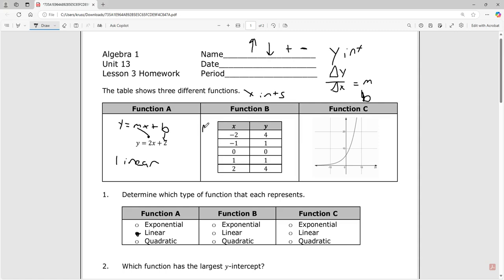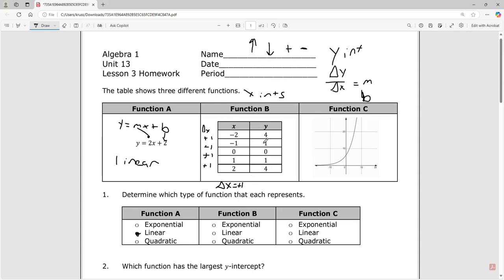Our changes in x for each one of these is plus 1, plus 1, plus 1, plus 1. So to go from here to here, we added 1, and from here to here, we added 1, and here to here, we added 1. So our change in x equals plus 1, right?